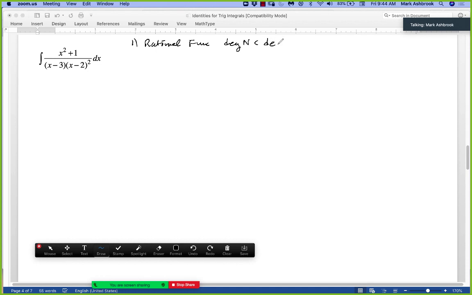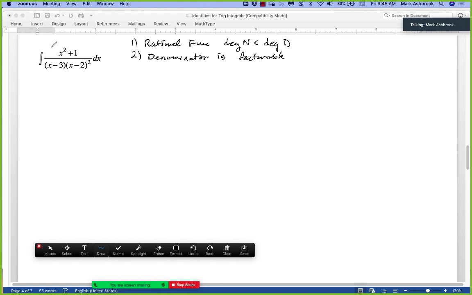Sorry, less than the degree of the denominator. And the second criterion is that the denominator can be factored. If you can't factor the denominator, you can't split it up into partial fractions. So the denominator has to be factorable. Those are our two criteria for this technique of partial fractions.